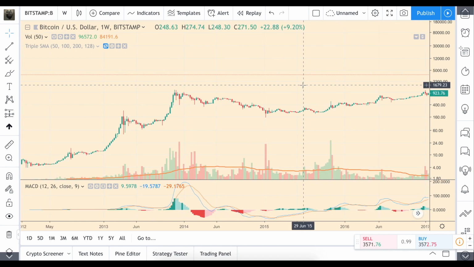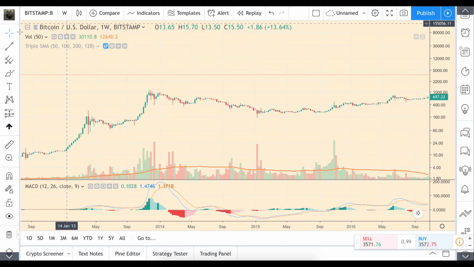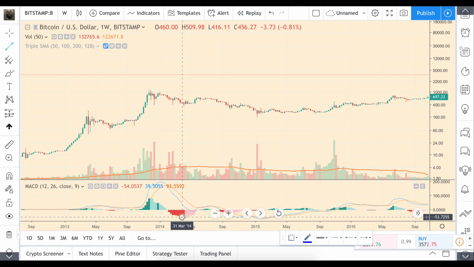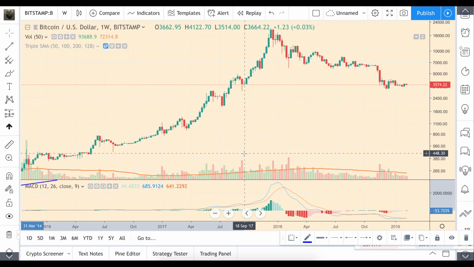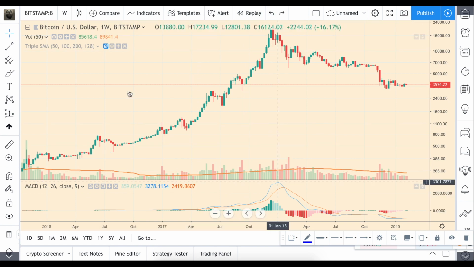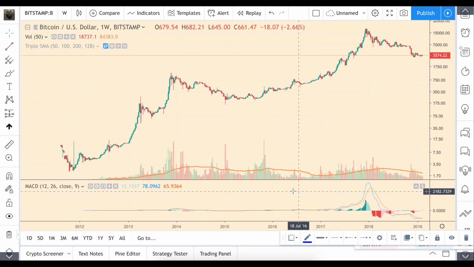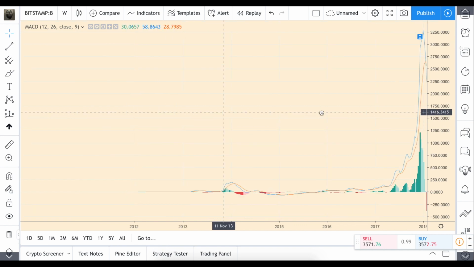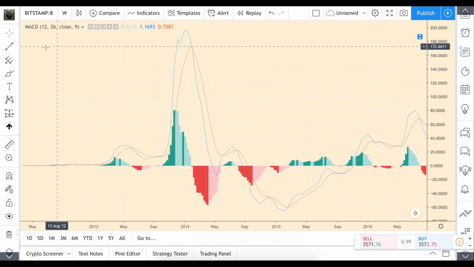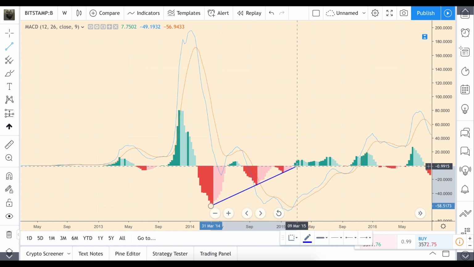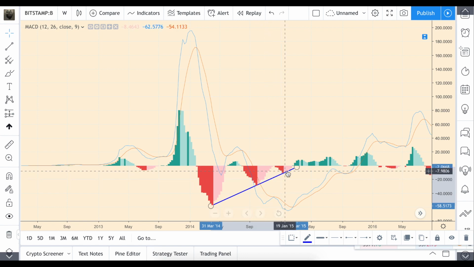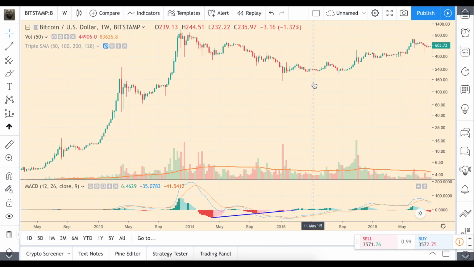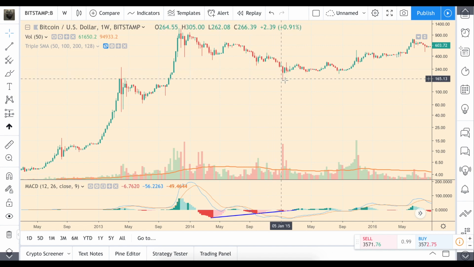Let's start with 2015, when we saw this sort of divergence. Sorry, it's a bullish divergence. It was here, I believe, and actually let's plot it like that. If you look at those peaks at MACD, you would see that those dips become lower, and lower, and lower, and this one is somewhere in the vicinity of the bottom here.